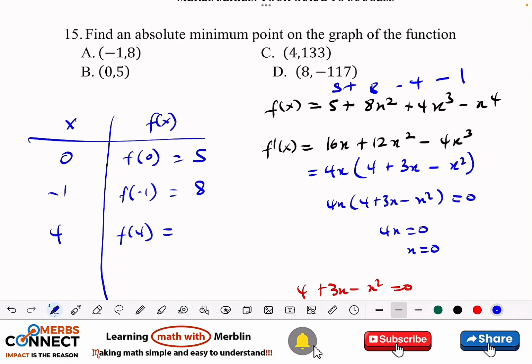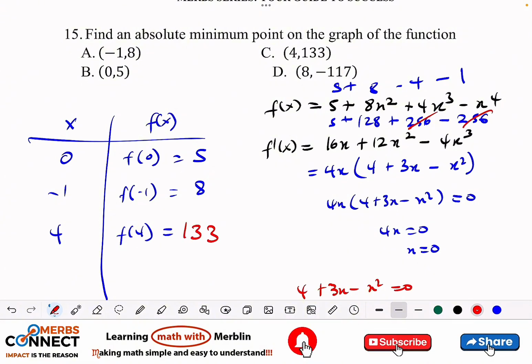So 4 here, this is going to be 5 plus 4 squared is 16. 16 times 8 is going to give us 128, plus 4 to the power 3 is 64. 64 times 4 is going to give us 256, minus 4 to the power 4 is going to give us 256. So this one will cancel this, and when I add this one, I'm going to have 138.